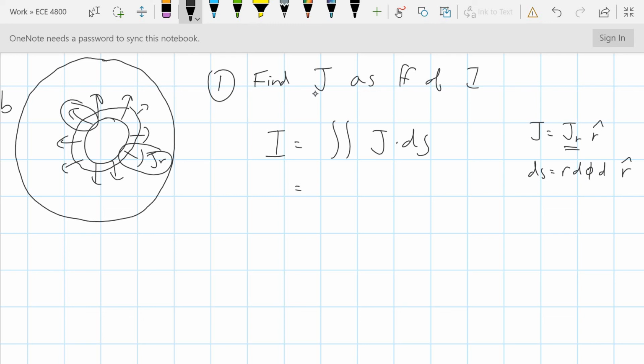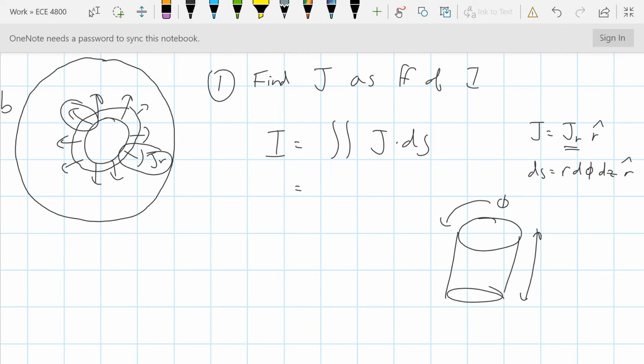And the reason for that, think about the cylinder, right? We're integrating over the cylinder. We're going around that cylinder, that's phi, and then we're going up and down to draw the area of the cylinder, that's z. Whenever we integrate phi, we get r dphi, and then when we integrate z, we get dz.